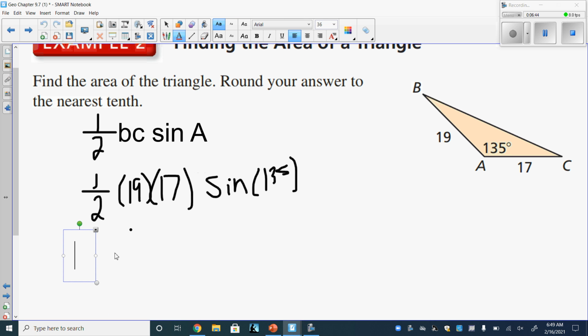So once you type all this into the calculator, 1/2 times 19 times 17 times sine of 135 degrees, you'll get 114.197745, and it continues on. But we can round to the nearest tenth, so since we have 19, it would round up to 0.2. So our answer for this here is 114.2. And that's it.